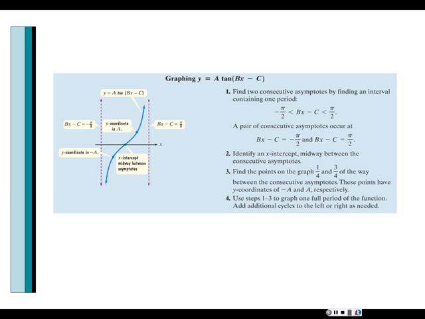This dot will be aligned with the first quarter line, the middle intersection will be on the second quarter line, and this dot will be on the third quarter line. As long as you know these, you'll be able to divide it into four, and then you will know exactly where negative a and positive a will be.